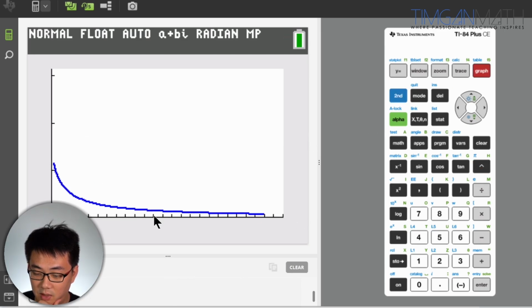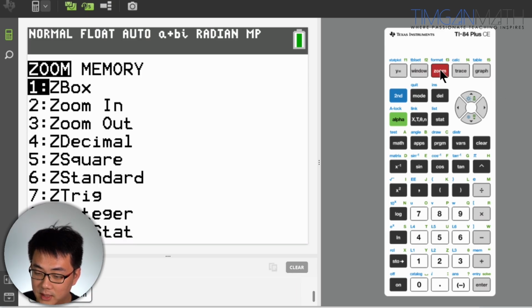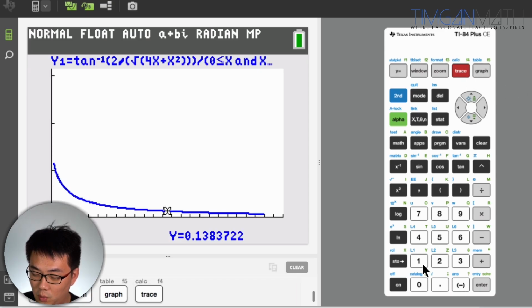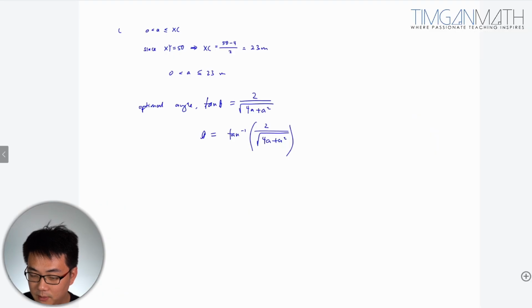So you can see that this is a decreasing function. It goes to this value here, and this is the function that you get. So this is a strictly decreasing function here, so the minimum point will be at this end here. Just trace, put trace at 23, the maximum point of a.